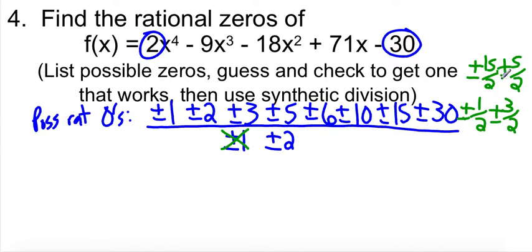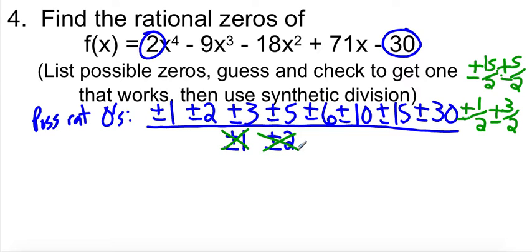And finally, 30 divided by 2, which is 15. So once we divided everything by 2, we got 4 additional possible zeros. Positive, negative, we have 24 possible rational zeros that we have to try.